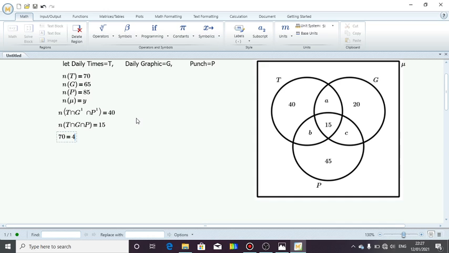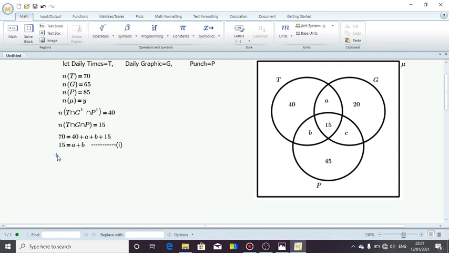If we simplify this further, 70 minus 40 is 30, so 30 minus 15, and we get 15. So 15 equals A plus B. Let's label this as equation 1.